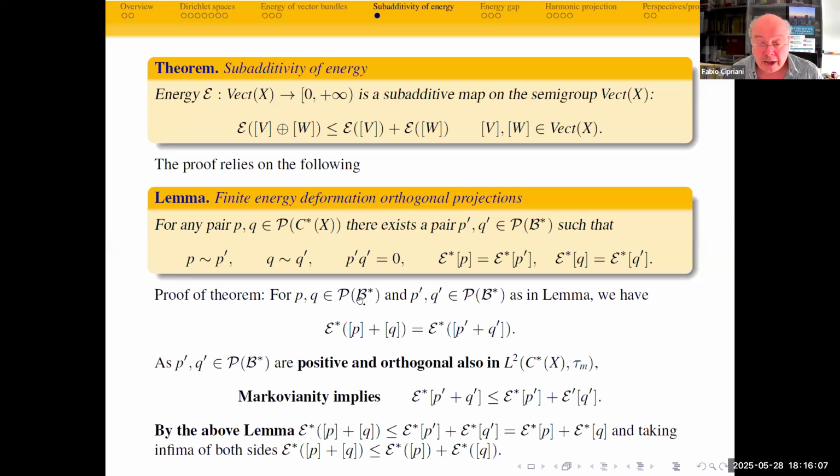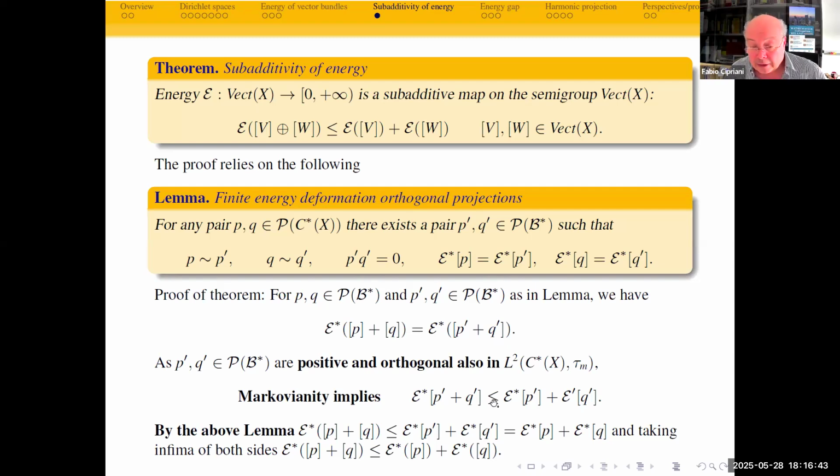Using this, if we consider two finite energy projections P and Q, and we pick up a corresponding pair P prime and Q prime, which are also orthogonal, then by the very definition of the sum, we have that the energy of the sum of the equivalence classes equals the energy of the equivalence class of the sum of the two orthogonal projections, which is a projection.